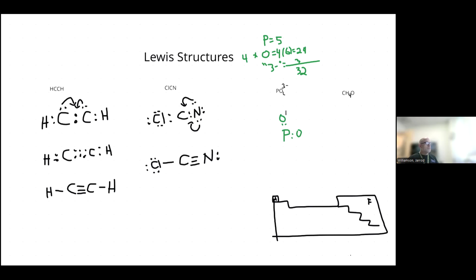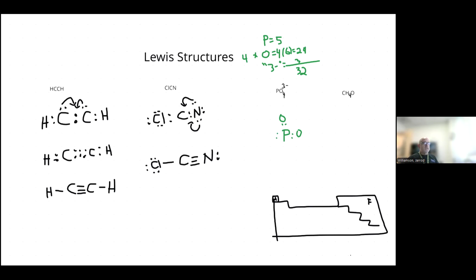Put that 4 back. All right, go back to my dark green. Pair of electrons to connect this.